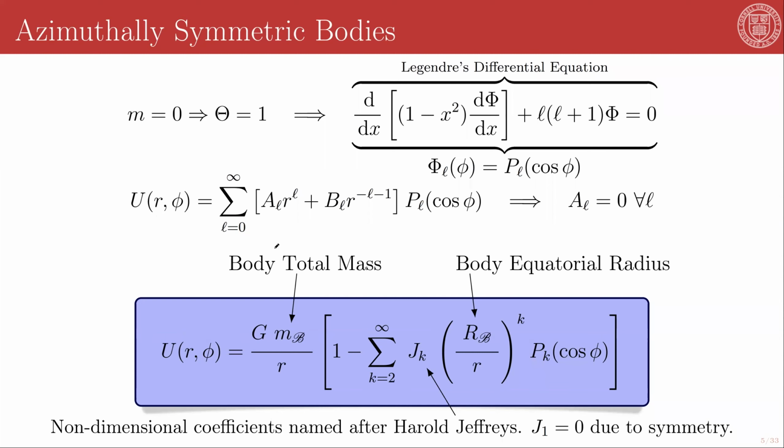The only way that we can make this true is to get rid of this term, because this term, as L goes to positive values, will grow without bound. And so the only way that we can get an infinite R to give us a 0 u is to set all of the a sub L's equal to 0. This term is okay because this is the reciprocal of R. L is strictly positive, and so this will be an increasingly small quantity as R goes to infinity.